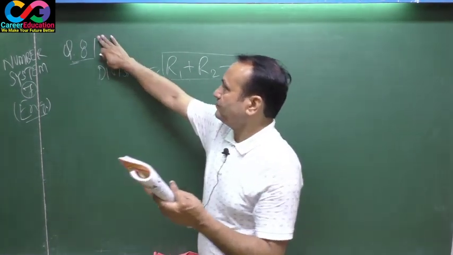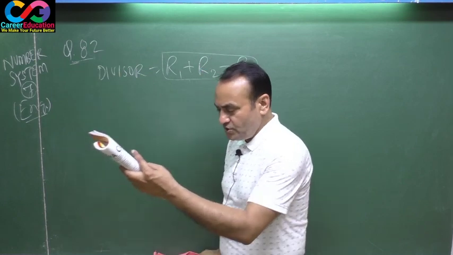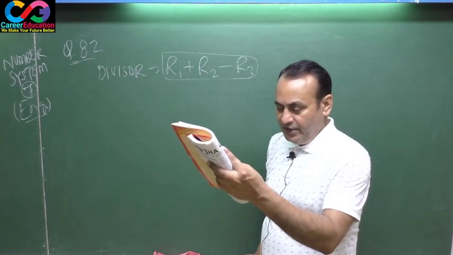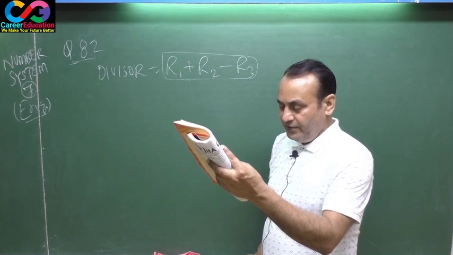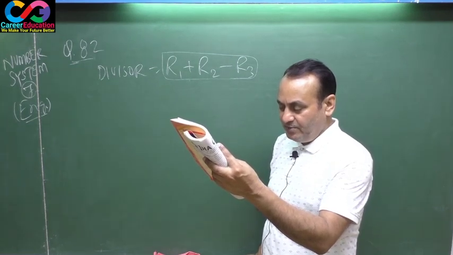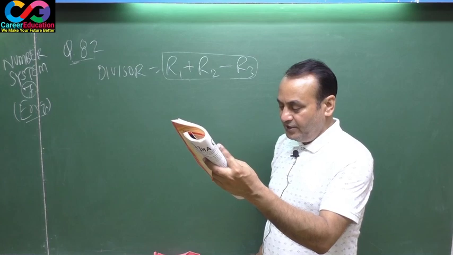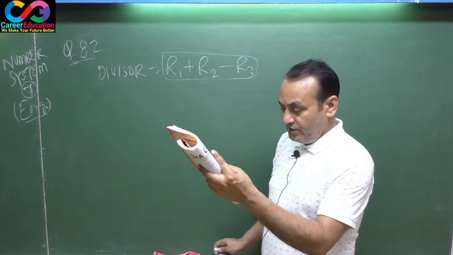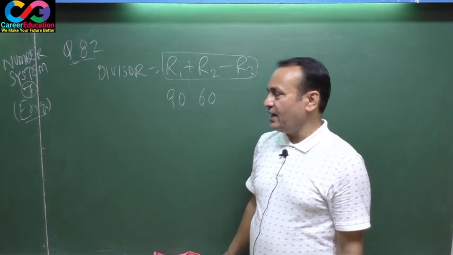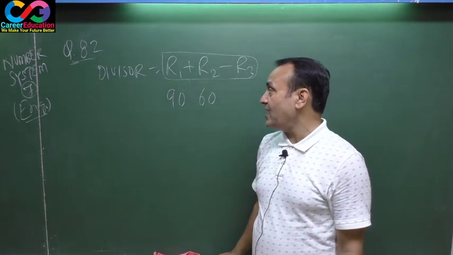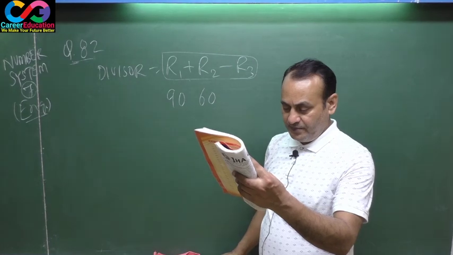Question 82 says, when two numbers are divided by a definite divisor, the remainders are 90 and 60 respectively. Two numbers are divided by the same divisor, and the remainders are 90 and 60.